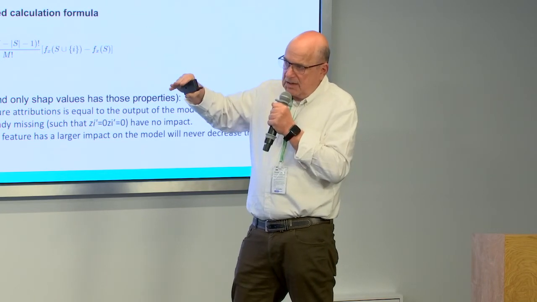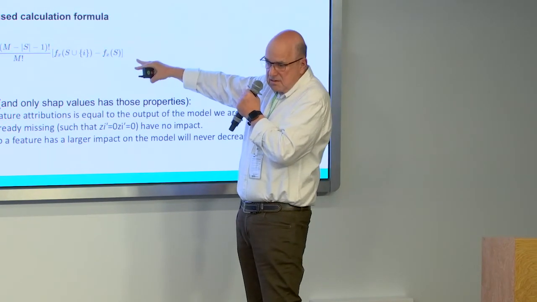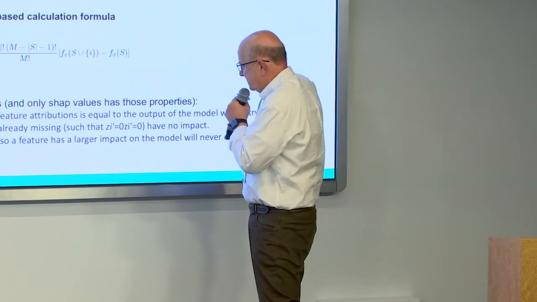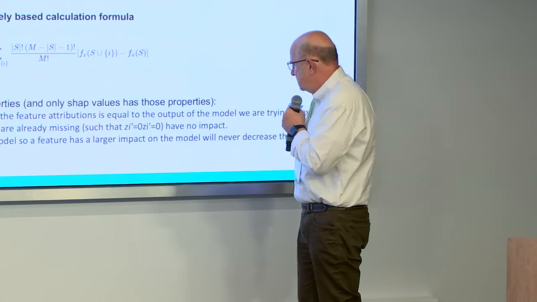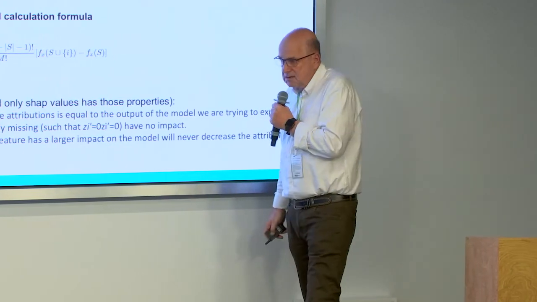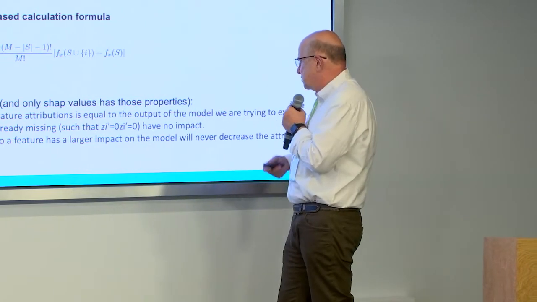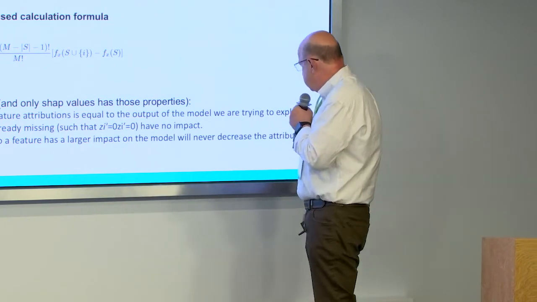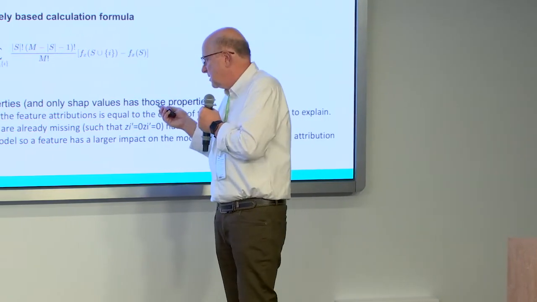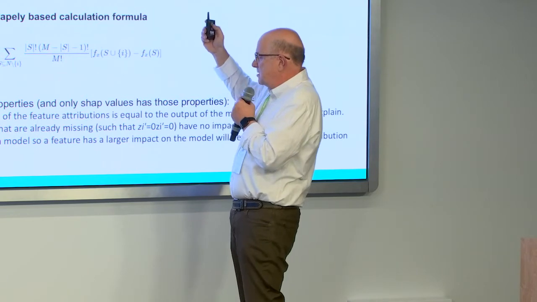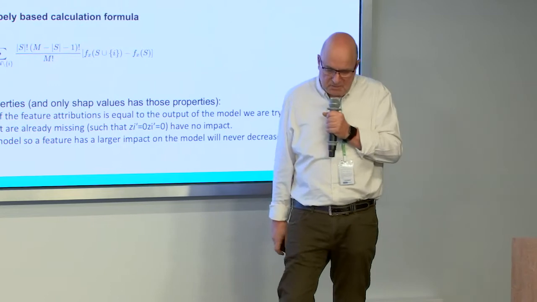We calculate according to that formula, and this will be the properties. Missingness, features that are already missing have no impact. Consistency, changing a model so a feature has larger impact on the model will never decrease the attribution assigned to that feature. So what he showed, the Shapley values have those properties, and only Shapley values have those properties.